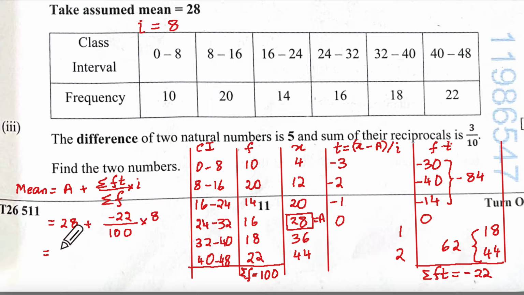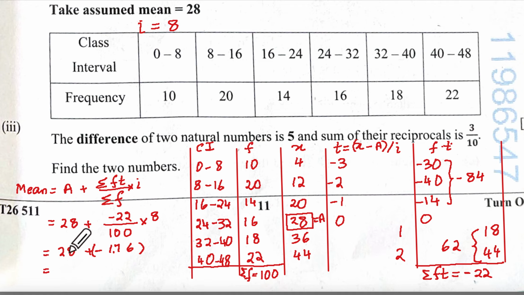So 28 plus, do not get carried away with this and cancel. 8 into 22, 8 twos are 16. So minus 176 upon 100 means this, but it will have a minus sign like this.